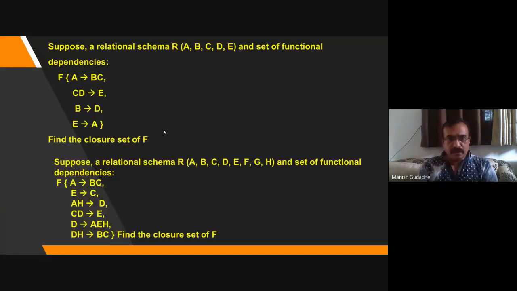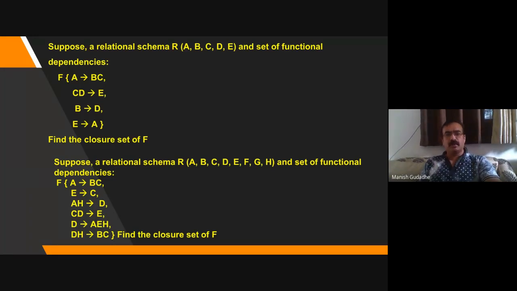I have posted an assignment on the Genomio website. You will have to solve these two problems and submit it before 3 o'clock today. After 3 o'clock the link will be closed. It's 15 minutes left; within 15 minutes you can find the answer, which will be better.